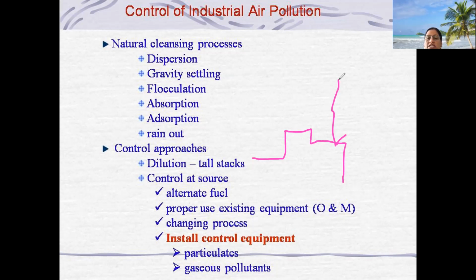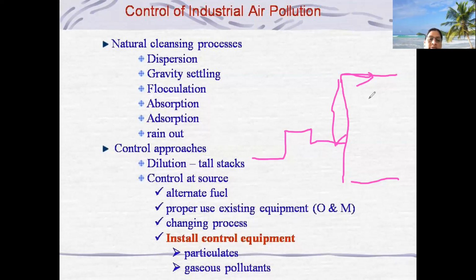You should construct one stack or chimney, and from there, at a higher height in the atmosphere, you can allow the emission to be released. It increases the tropospheric level, and hence whoever lives in this area will not come in direct contact with it. Second, there is a chance of dispersion and dilution subsequently. That's why it is better to go for dilution by constructing a tall stack in that industry.